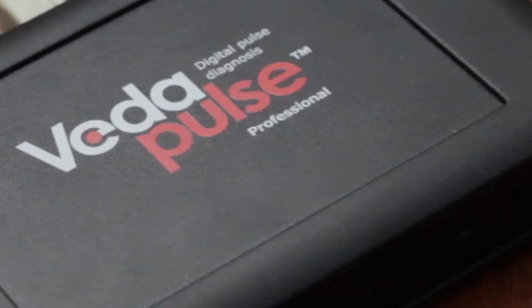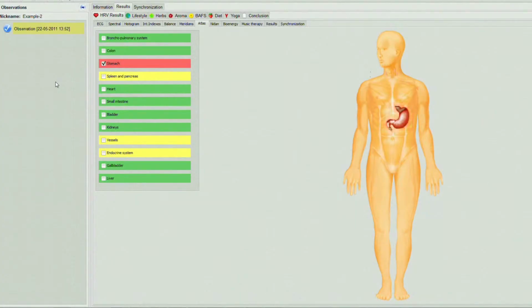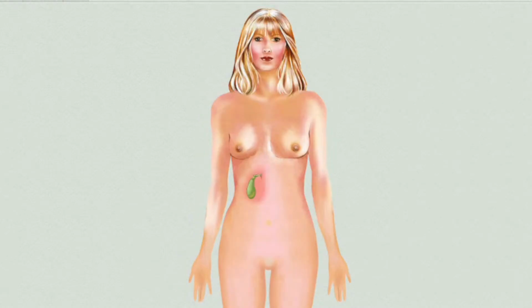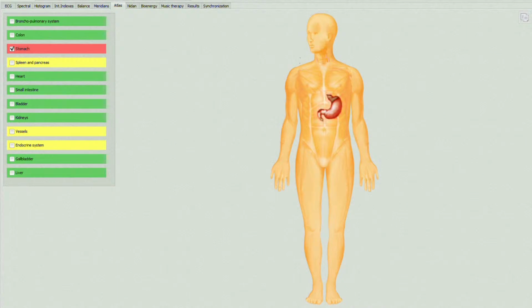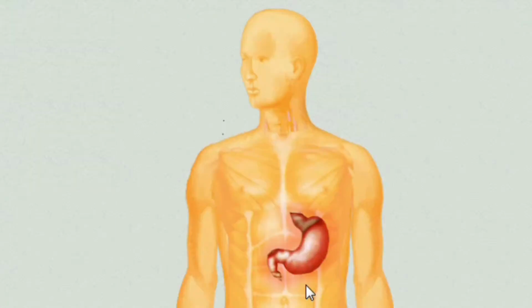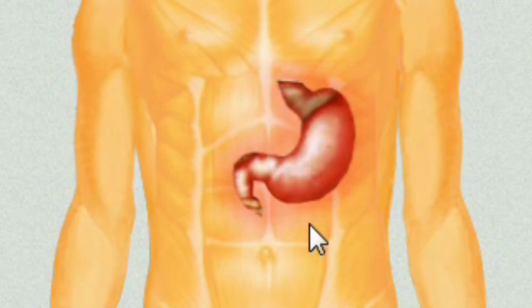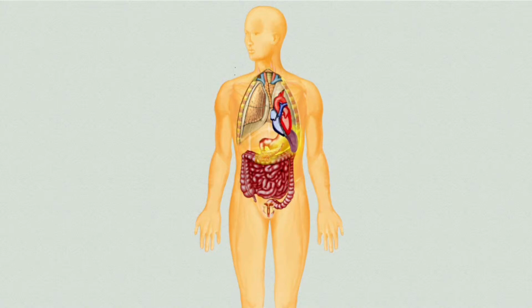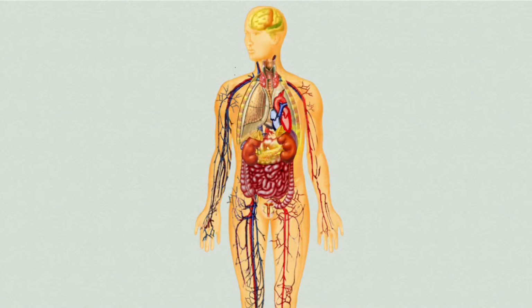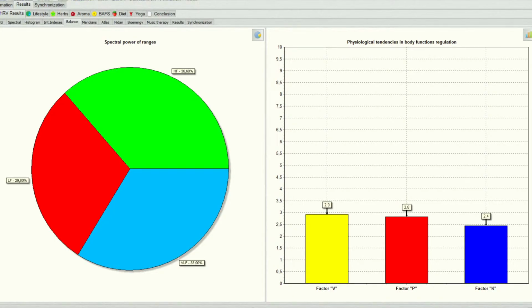Let's skim through the features of the software. This is the tab called Atlas. It demonstrates the functional status of organs and systems. Pay special attention to what is highlighted in red. These organs suffer from functional stress, which can trigger crisis. One of the important features of VedaPulse is the capability to detect functional stress in an organ before visible pathological symptoms can be seen. The next tab is called Balance.